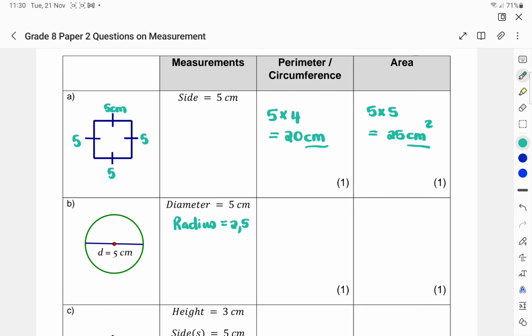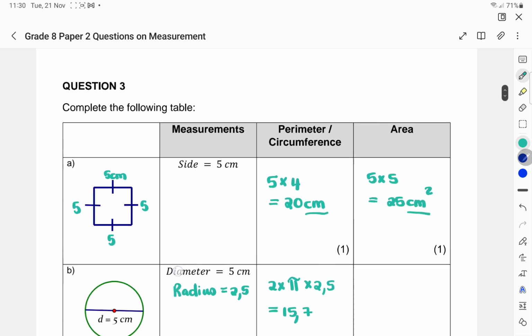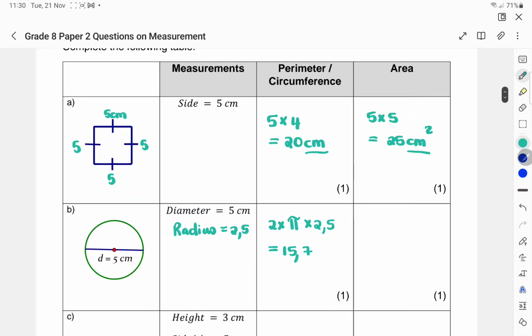So the circumference of a circle is 2 times pi times radius, which gives you 2 times pi times 2.5, which gives you 15,7. And if they don't say anything about rounding off, we always round off to the nearest 1 decimal place. That's with the IB. It could be different with the GDE, I can't remember now.